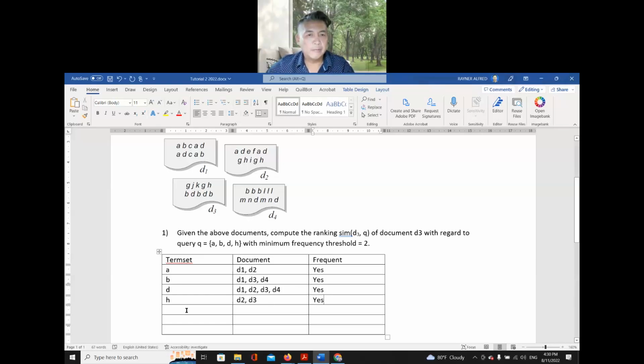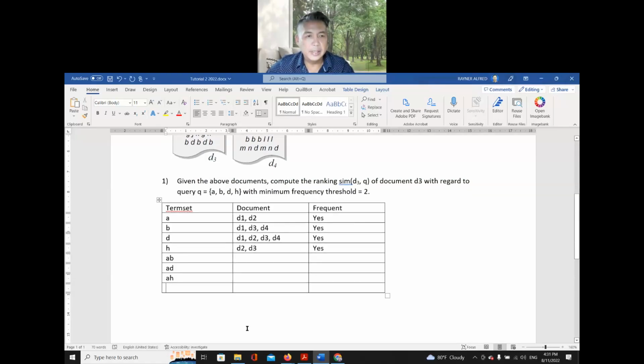Now we have to look at the combination of two term sets. So we start with AB, and then AD, and then AH. We also have BD and BH. And the last one is DH.